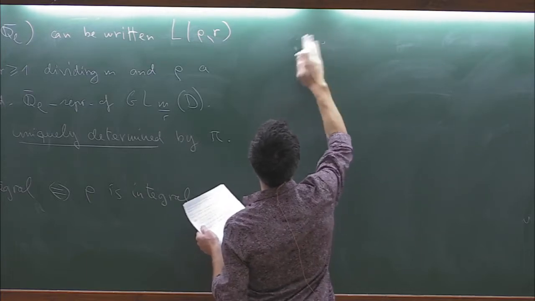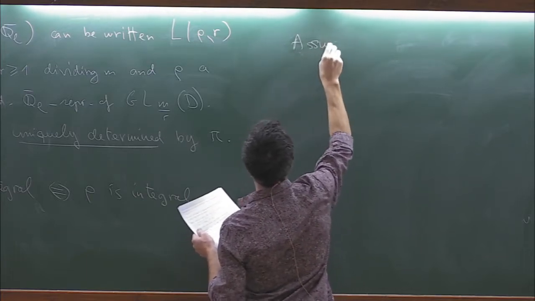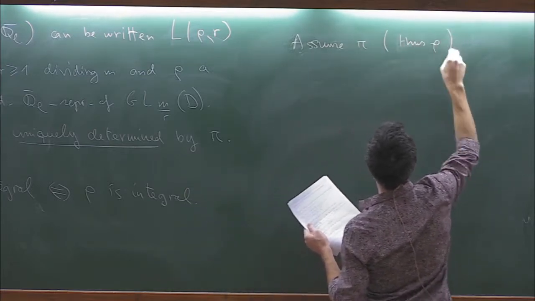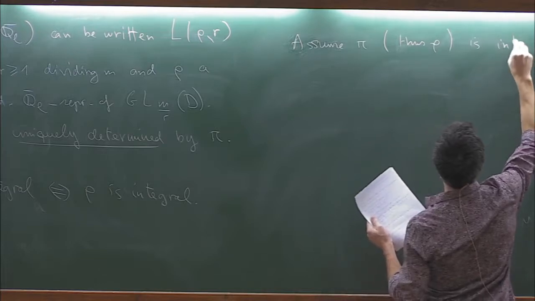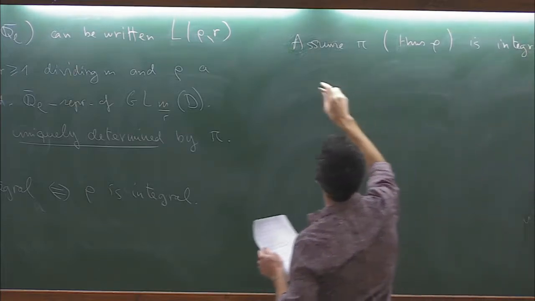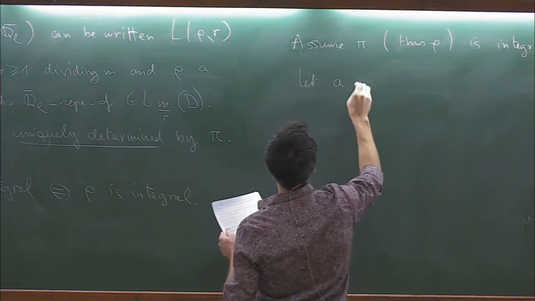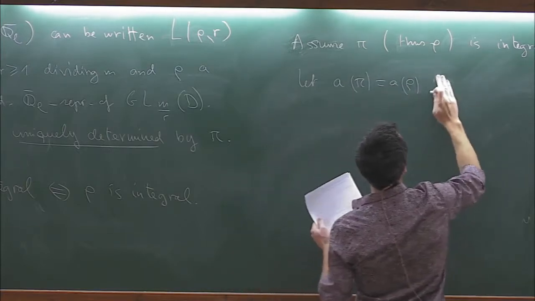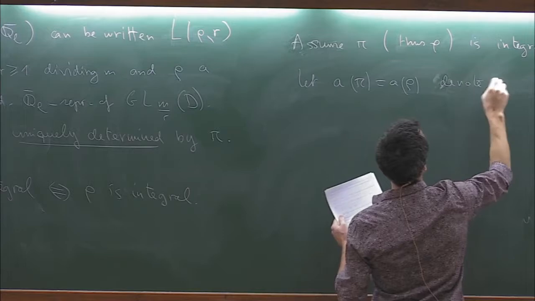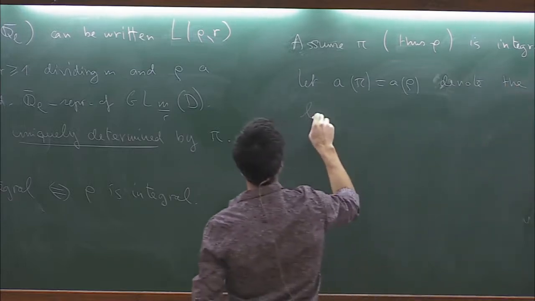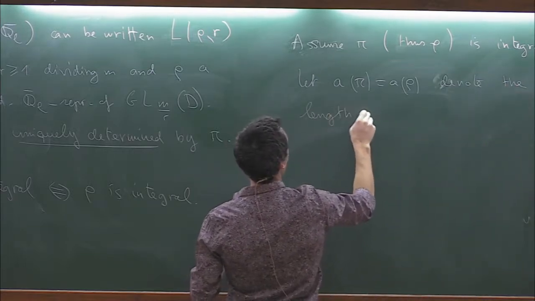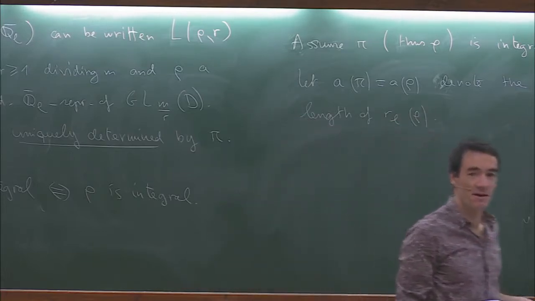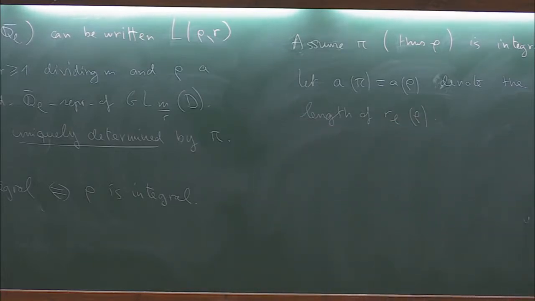Assume all of these representations are integral. Assume pi, thus rho, is integral. And let a(pi), or a(rho), denote the length of the reduction mod L of rho. We know that it has finite length by Vignéras's theorem.